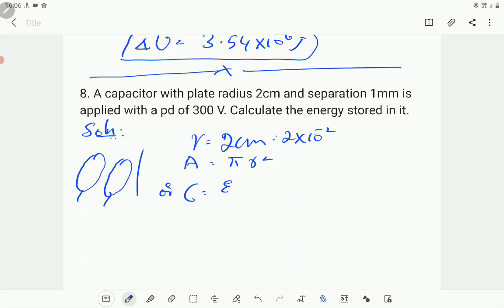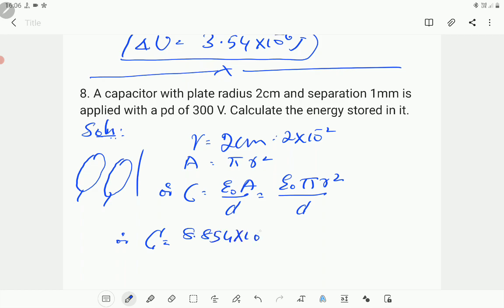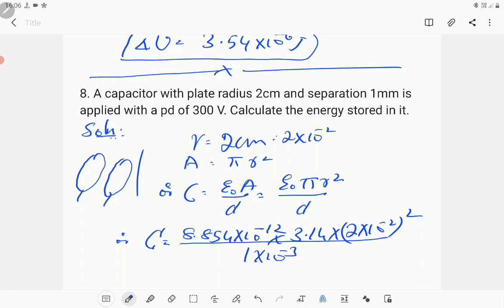C is epsilon naught A by D. He is not mentioning anything about the dielectric constant, so it must be air. Epsilon 0, area of the plate pi r square, divided by separation D. Therefore capacitance C is epsilon 0, 8.854 10 raised to power minus 12, pi value 3.14 and radius 2 10 power minus 2 whole square, divided by separation 1 mm, 10 power minus 3.